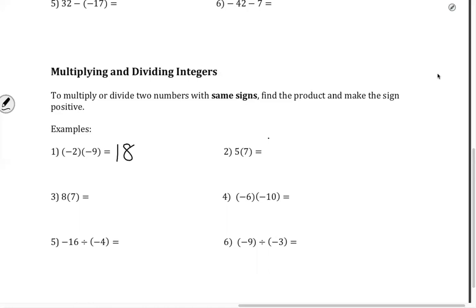There you go. And then Delaney, do you happen to know what 8 times 7 is? 56. 56. Yes, indeed. Jordan, what about -6 times -10?